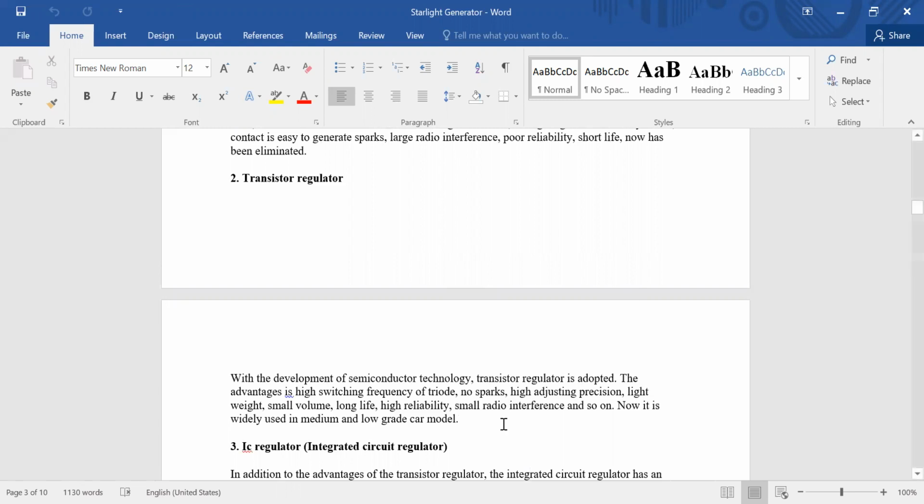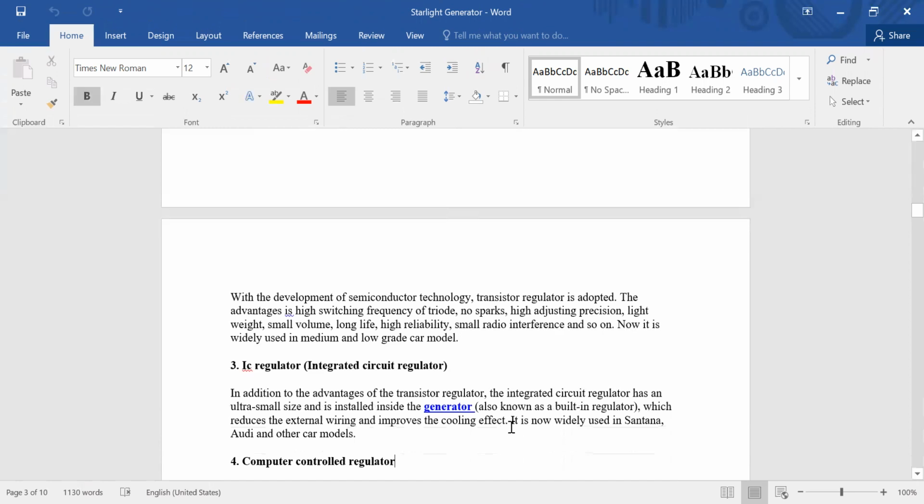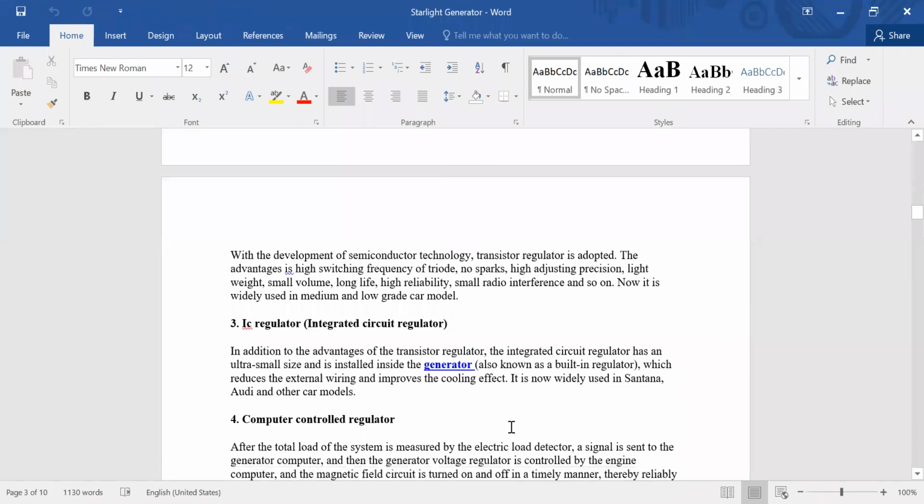Then, the IC regulator, the integrated circuit. In addition to the advantages of the transistor regulator, the IC has a very small, ultra small size, and we are embedding everything on a single chip. It is installed inside the generator, so it is also known as a built-in regulator, which reduces the external wiring.